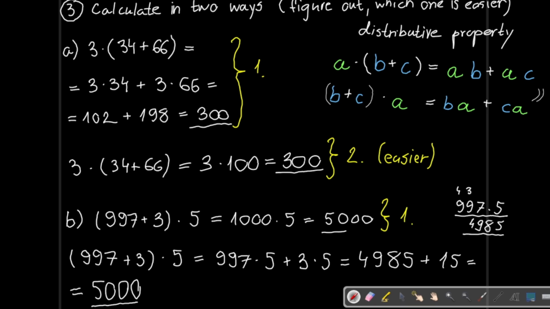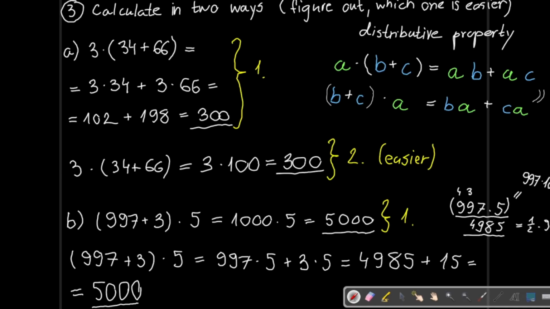And yeah, 4985 is exactly 1/2 times 9970, since we can take this part as 997 times 10 times 1/2.